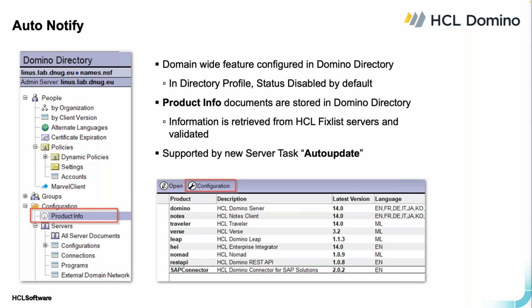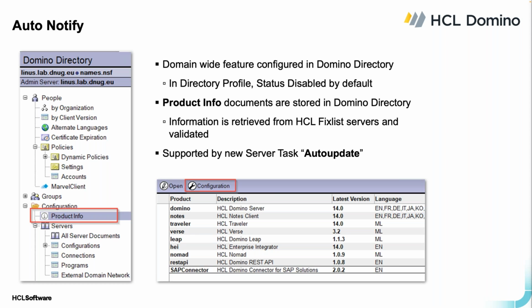So auto notify, what you're going to get with this is information about which products and product versions are available at this point in time. This information is going to be stored visibly in the Domino directory. As you can see here on the left side screenshot, it's the product info page.